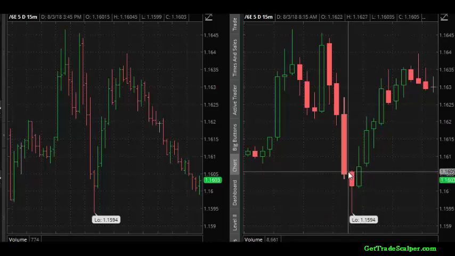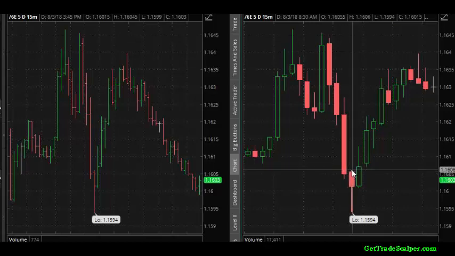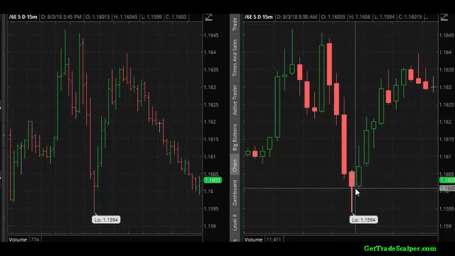it opened here, and you had the high here, you had the low here, and then you had the close here. It still closed lower than it opened here, but the next bar, you can see what happened.